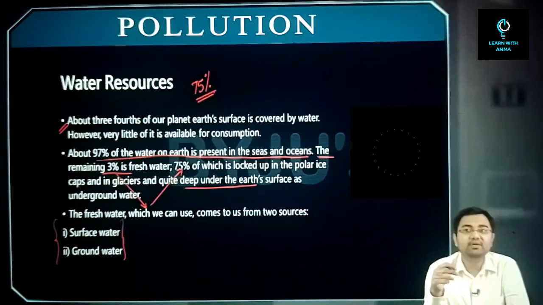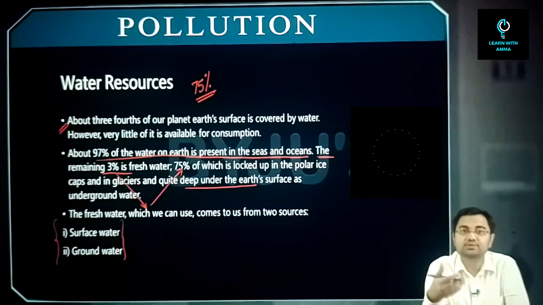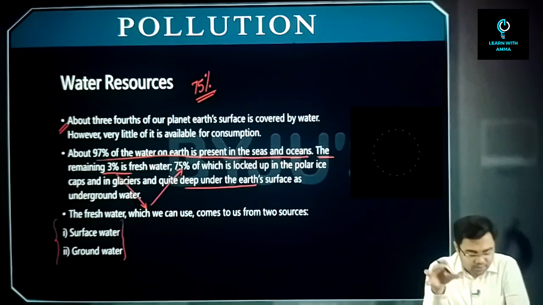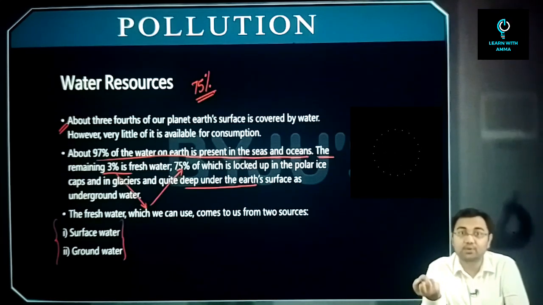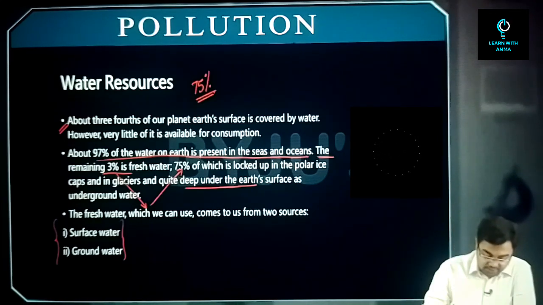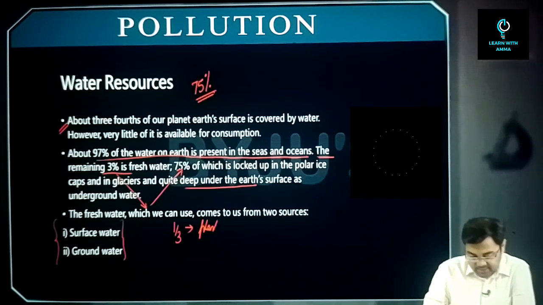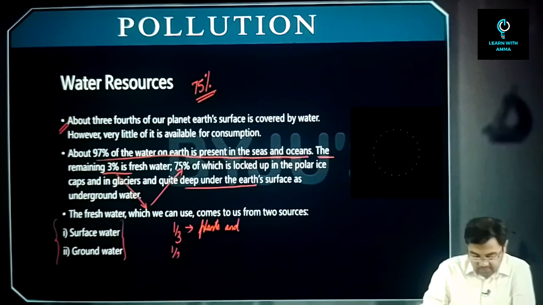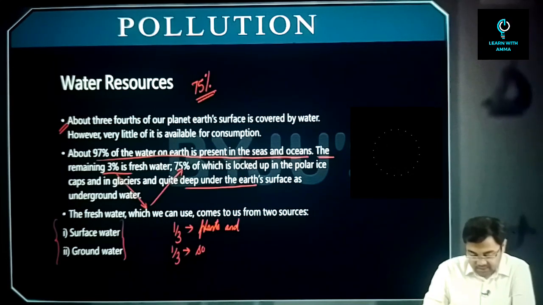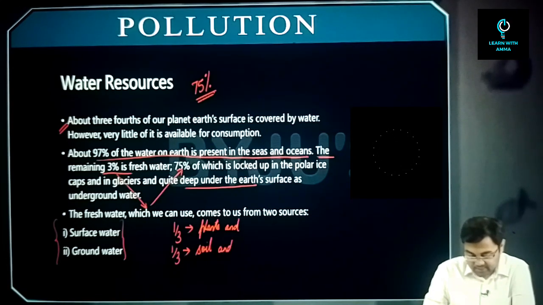Now, whenever precipitation happens, rain, snow, etc., they are sources of natural fresh water, you can say. Approximately 1/3 of it is absorbed by plants and animals. There is 1/3 which goes inside the soil and rocks.